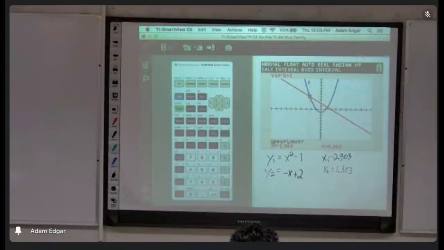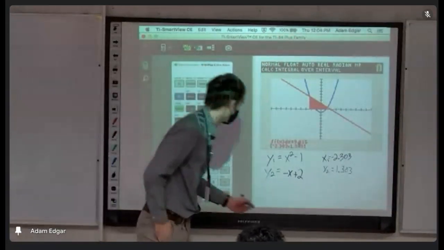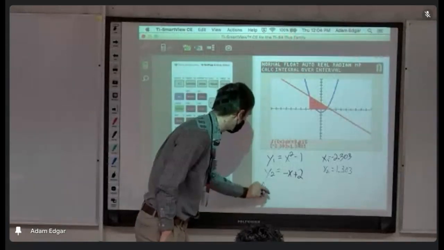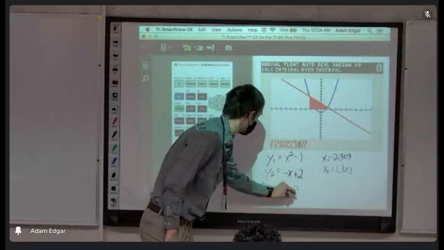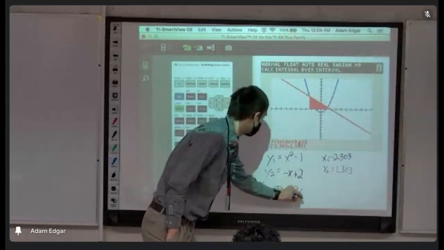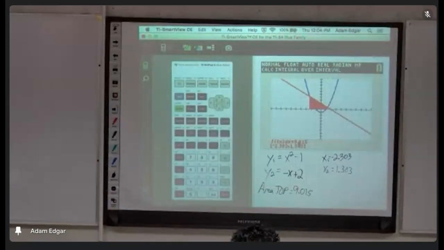My upper limit we said was positive 1.303. And hit enter, and that is 9.015. So what I would do is I would say the area for the top is 9.015.